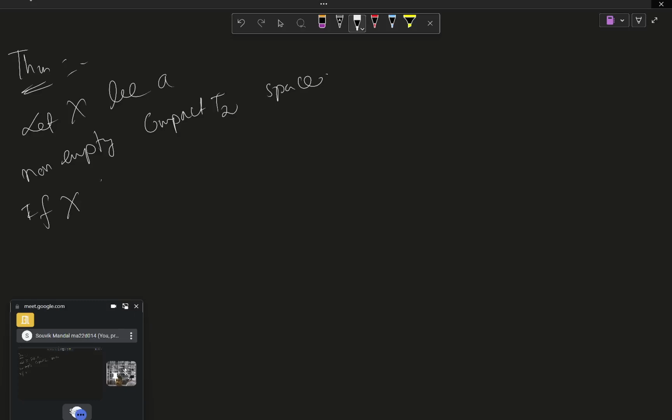Now, if X has no isolated points, then X is uncountable. Okay, so this is the theorem.